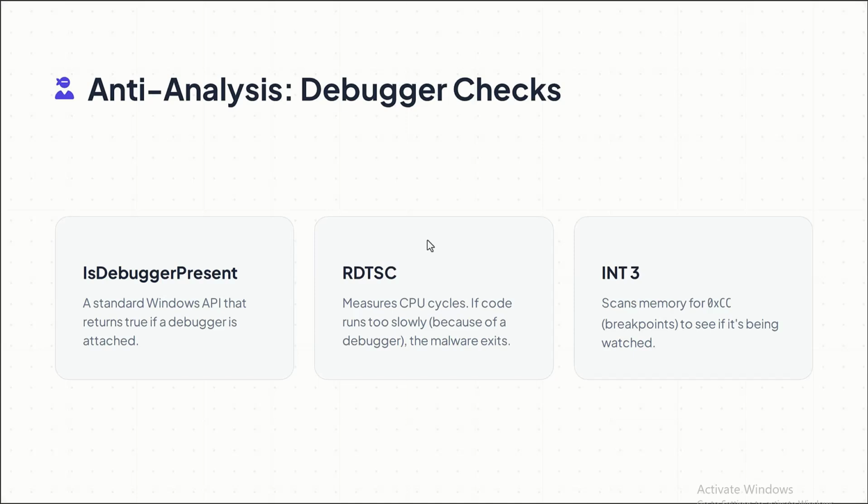If the code runs too slowly because of the debugger, the malware exits. And last but not least, the common one is INT3. It scans memory for 0xCC breakpoints to see if it's being watched.